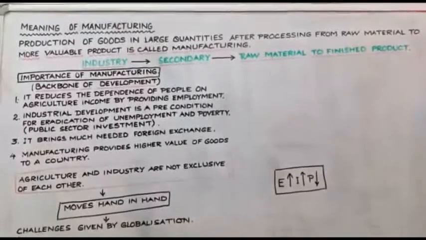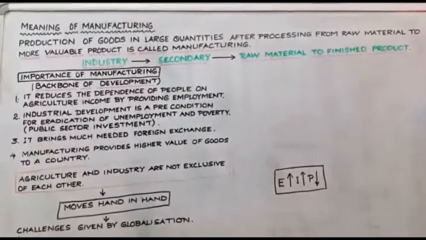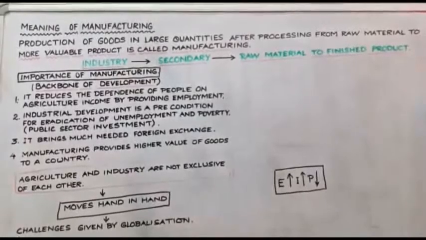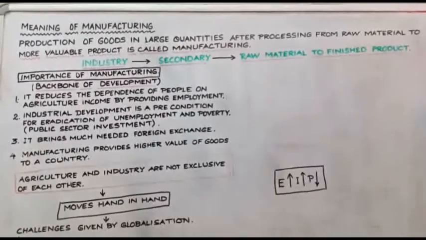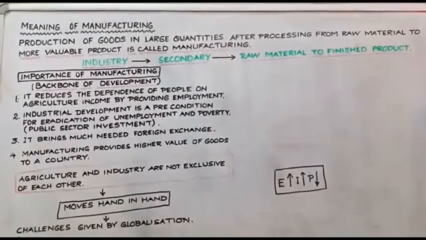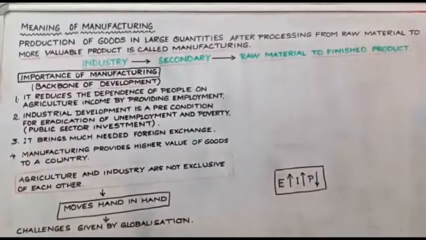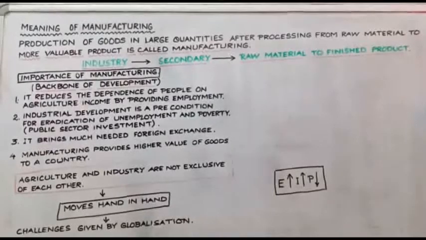The entire world is dependent on China in one way or the other. And what we see, China has made rapid development. In India, we are going through the process of development by installing new industries and new manufacturing units. So that is called development. That is why it is called the backbone of development.